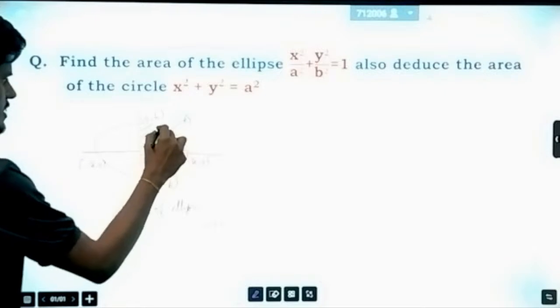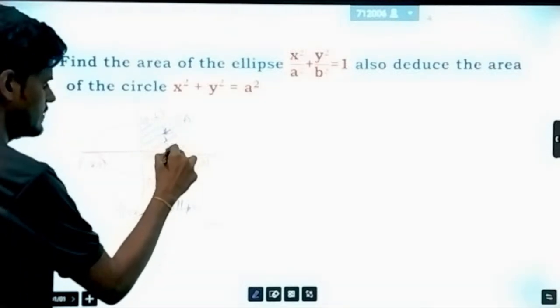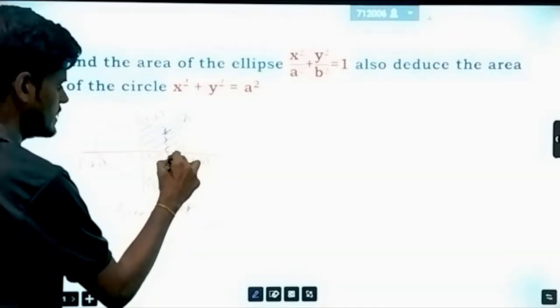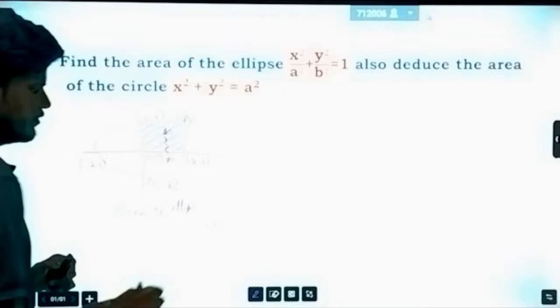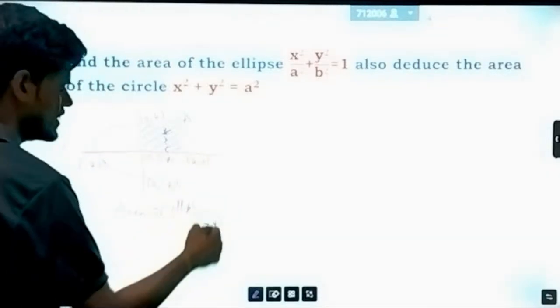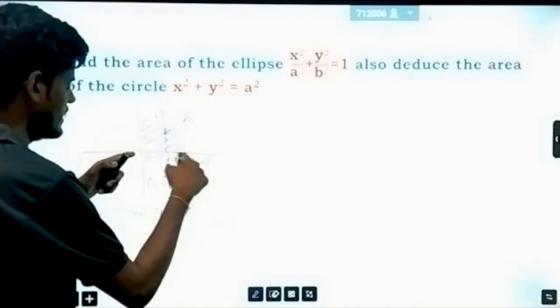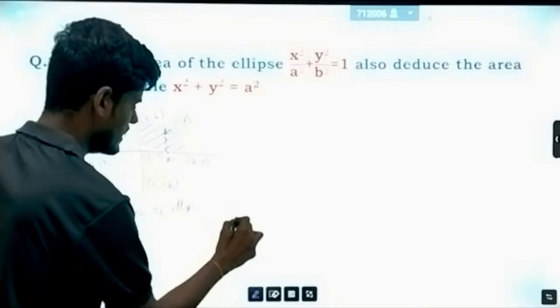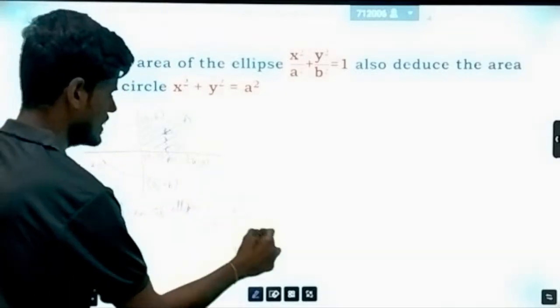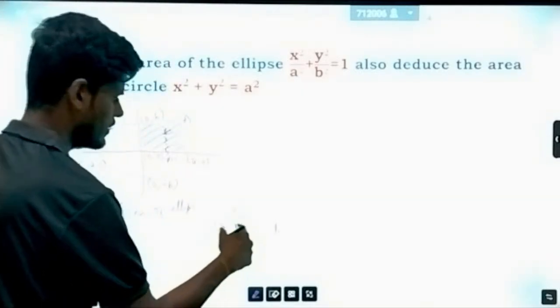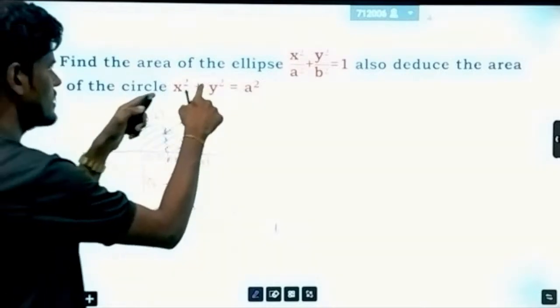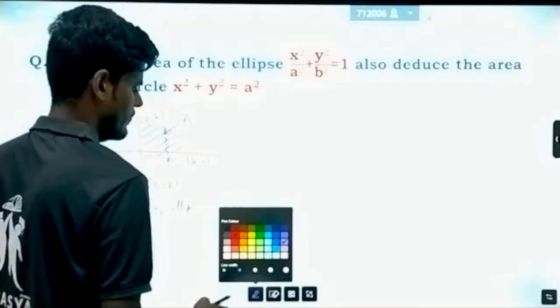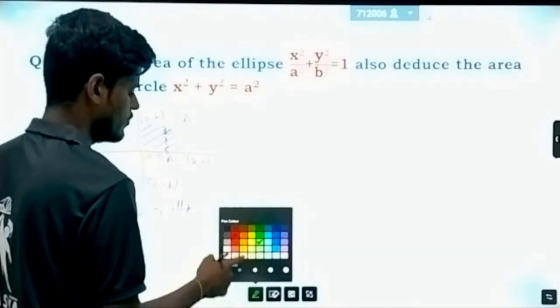Here let's take the strip as dx. Then 4 times integral is between 0 to a. Strip is dx. We need to write y dx. And what is the value of y from this? Now we need to calculate the value of y.